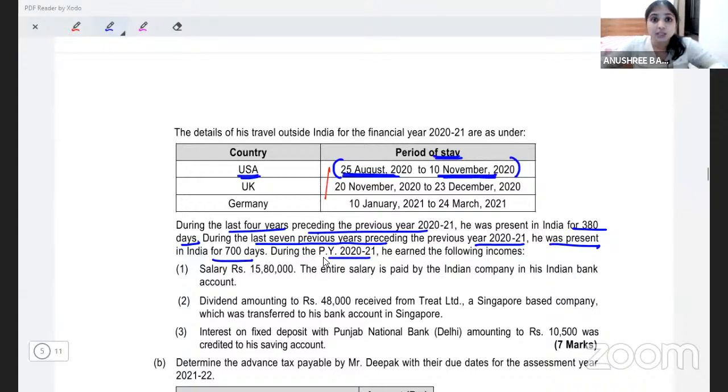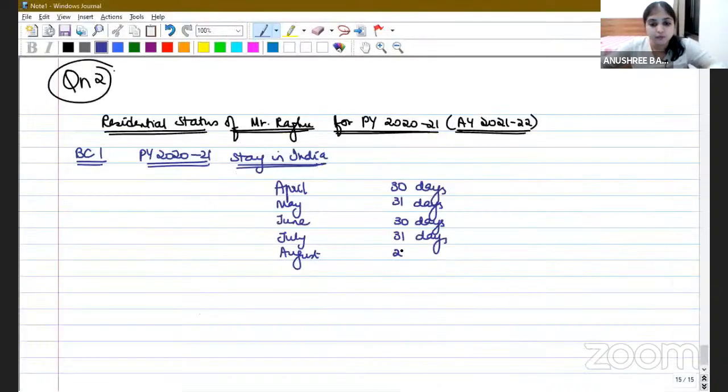So when I count till when he was in India, I will stop at 24th August. Yes, the day of leaving and the day of arriving, I consider them both in India. But the question very clearly says that from 25th August to 10th November, count it as USA. So India, I will stop with 24 days.